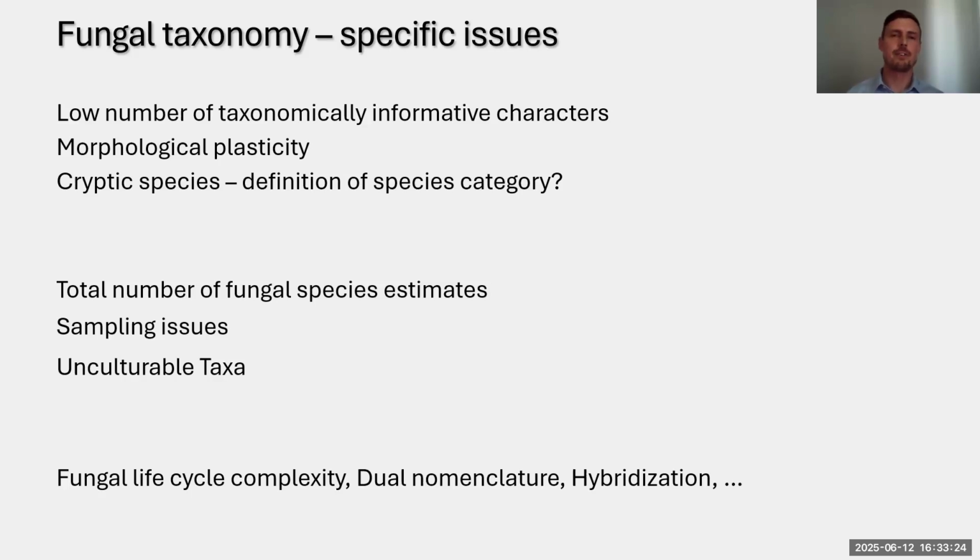Therefore we rely more on molecular data and phylogenetic reconstruction, and we should employ species delimitation methods, at least to make taxonomic decisions more robust and more valid. This was just my introduction to why I think species delimitation methods are really important in fungi.